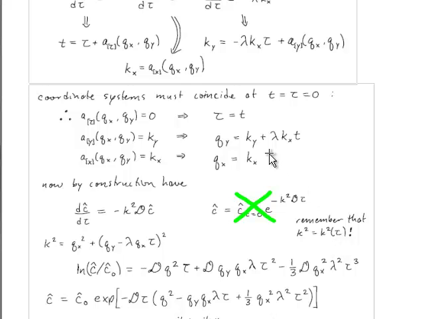So you can see that k squared is a function of tau because if you go back to this equation and you isolate kx squared plus ky squared, which would be the k squared here, that's what we mean by k squared, then you would find that this is qx squared plus qy squared plus 2 lambda qx t qy, and then there would be a t squared term.